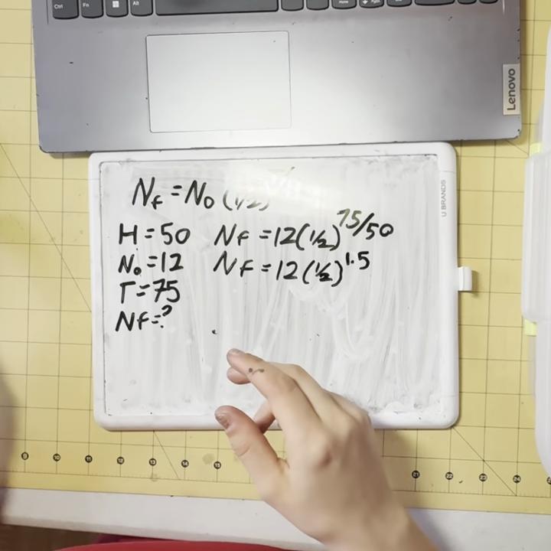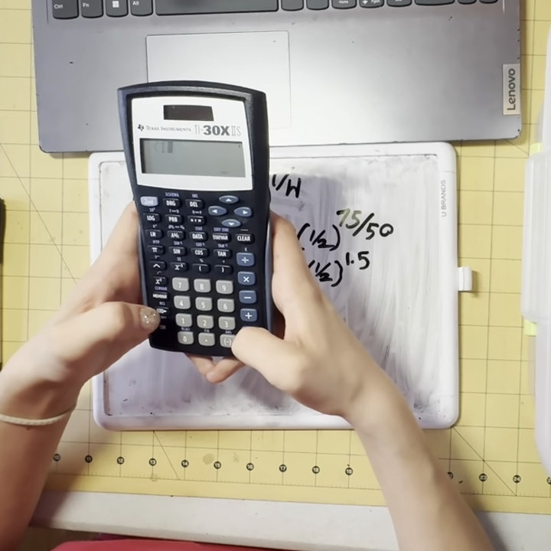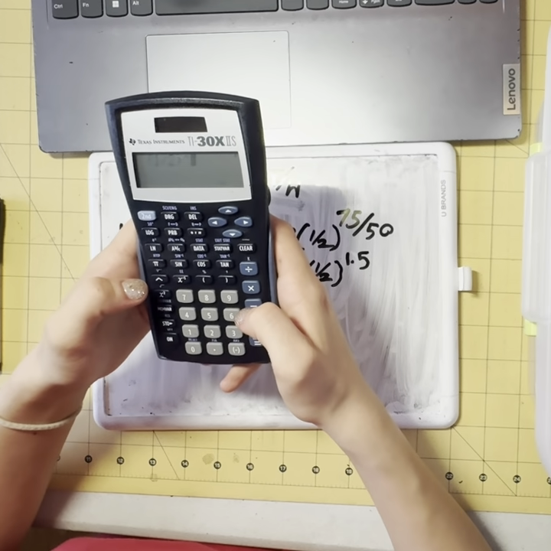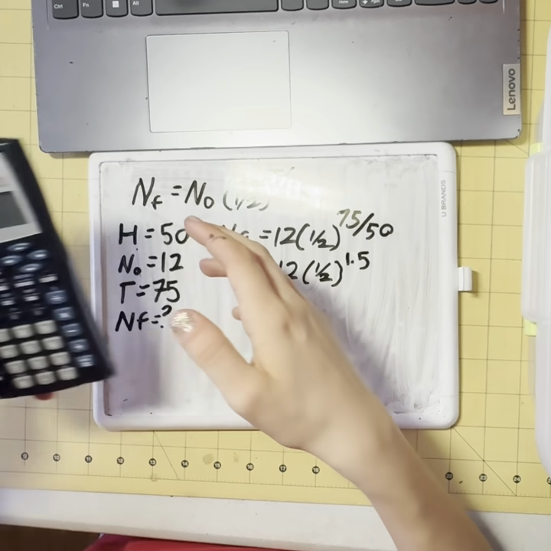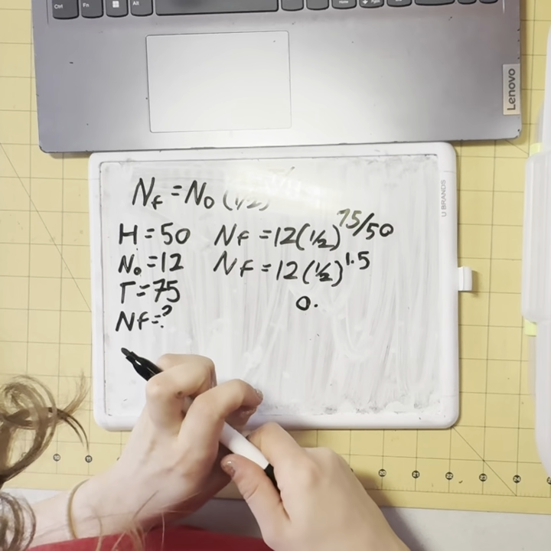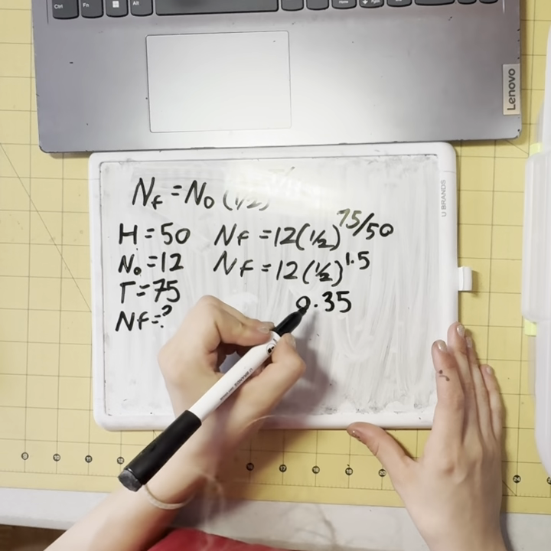Okay, so 1/2 to the power of 1.5, I will do that on my calculator. 1/2 to the power of 1.5 is going to give me 0.35, roughly.